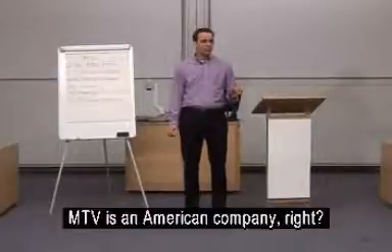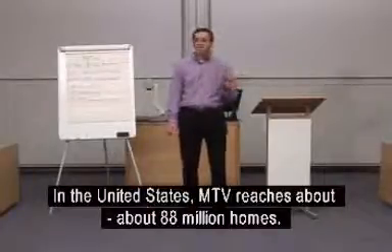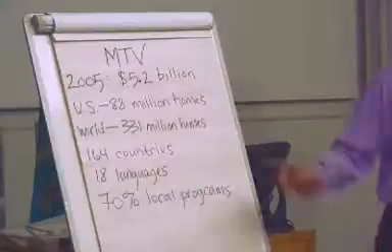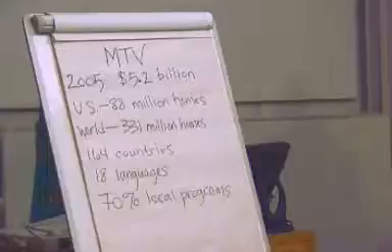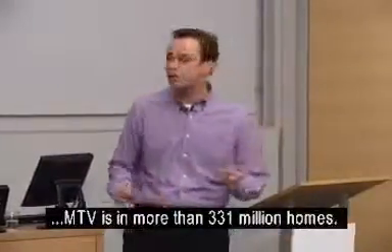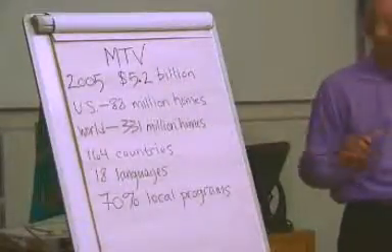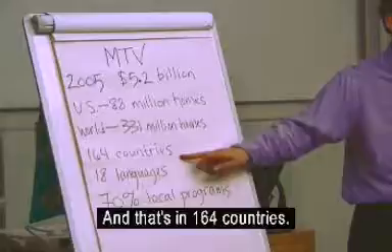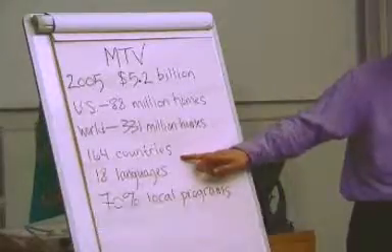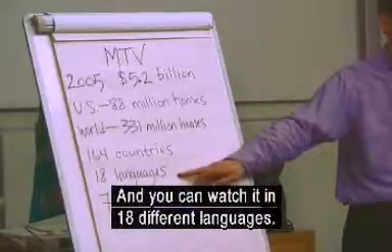MTV is an American company, right? In the United States, MTV reaches about 88 million homes. But outside the United States, MTV is in more than 331 million homes. And that's in 164 countries. And you can watch it in 18 different languages.